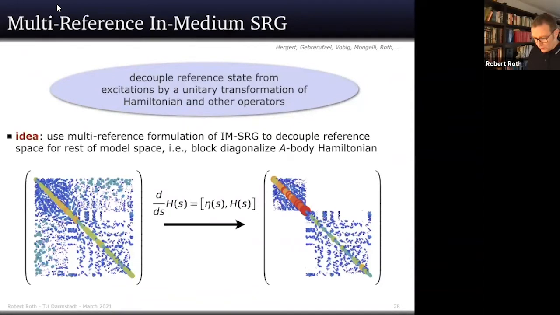Now, if we don't want to isolate completely one of the states, the ground state typically, but isolate a tiny model space, which we call the reference space, from the rest by suppressing these off-diagonal matrix elements, then this is an ideal situation for a secondary no-core model type calculation after this flow equation.